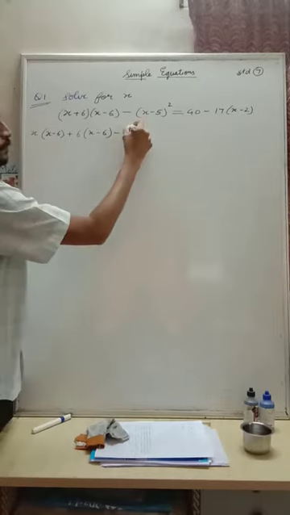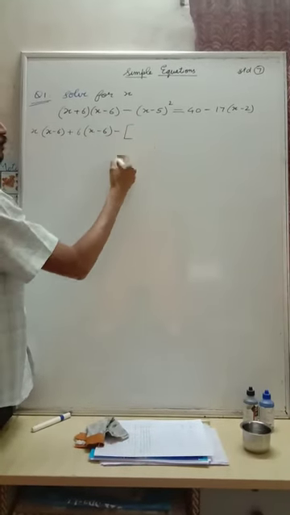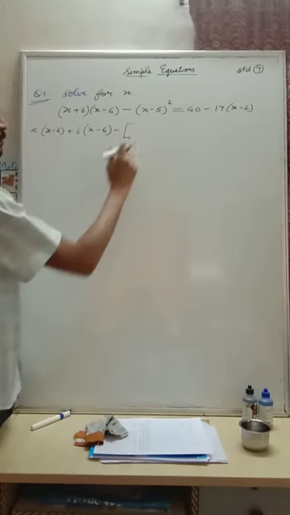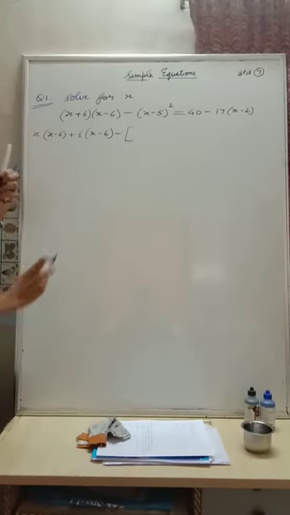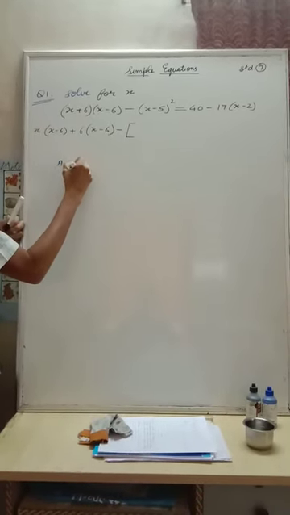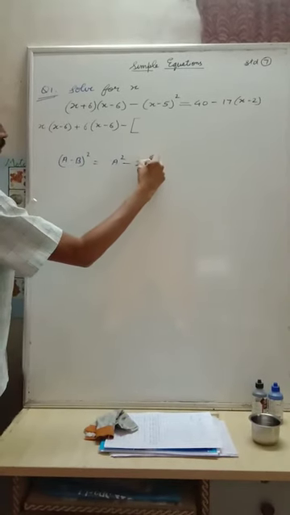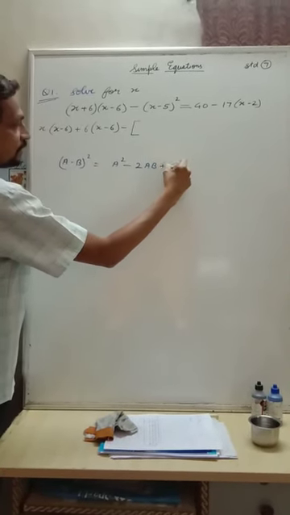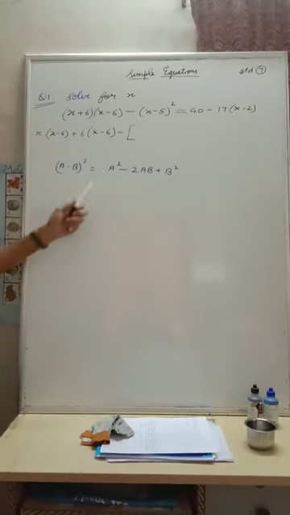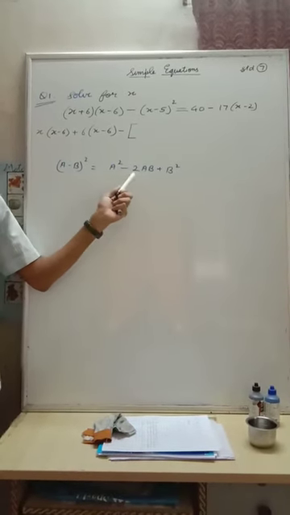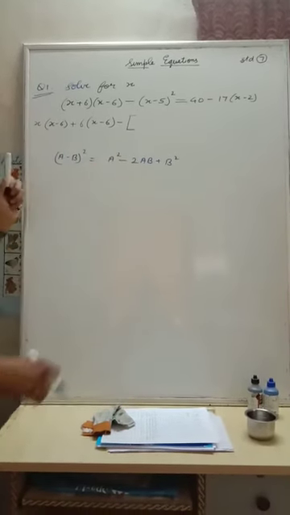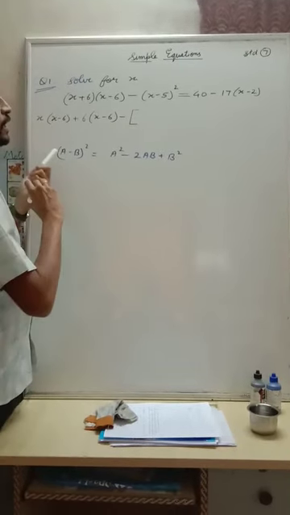Now for a minus b whole square, you need to put a bracket over here. This is a, this is b. I'll write the formula for you. a minus b whole square is a square minus 2ab plus b square. Whatever formulas I am writing, make a separate list of these formulas and try to remember them. We'll continue further.